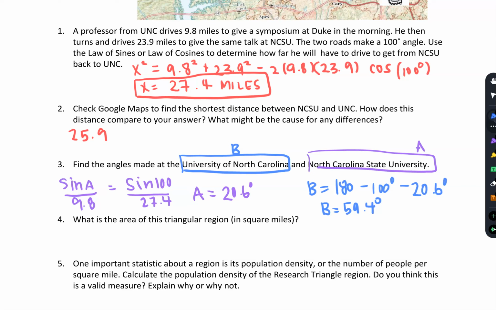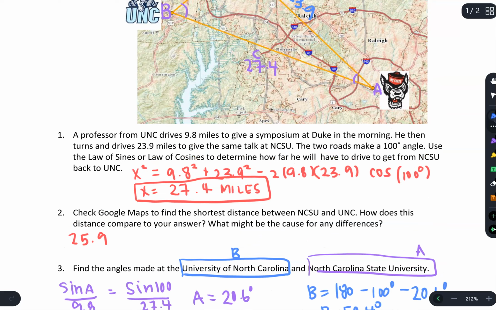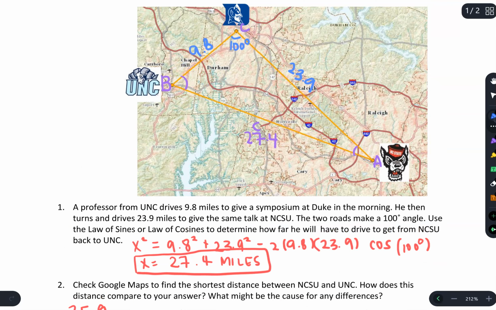All right, so what is the area of this region? Let's go back up to the triangle. What is the area of this region? So what do we have to find area?